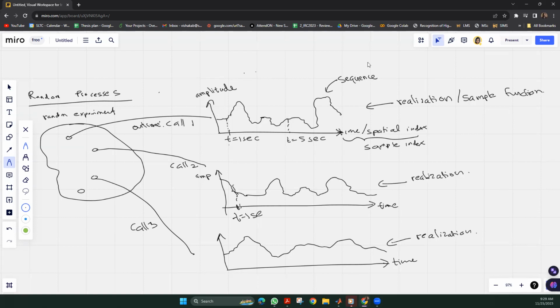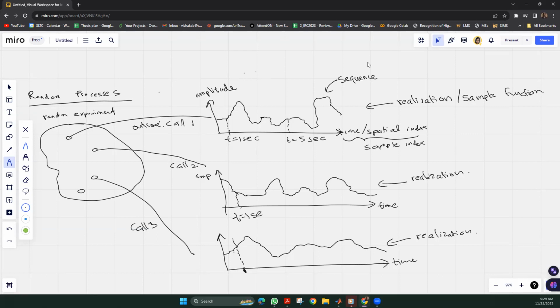Then we are going to study the probability density function in that time instance. For each of these amplitudes, we will get different amplitudes.